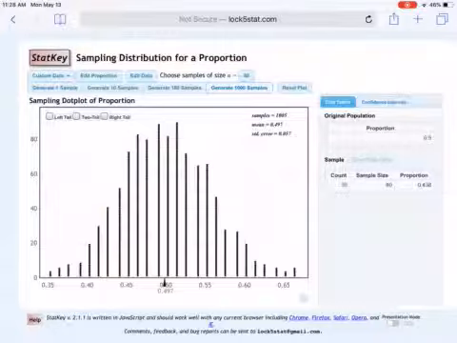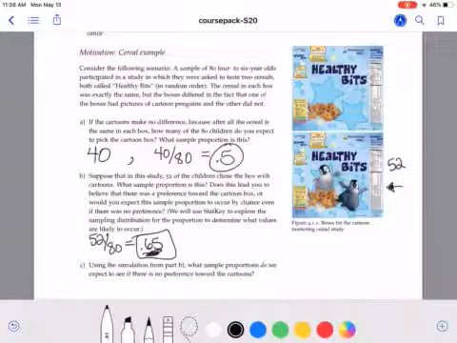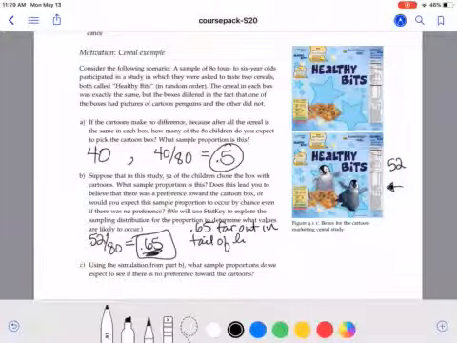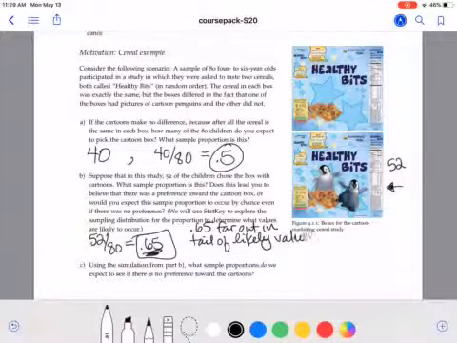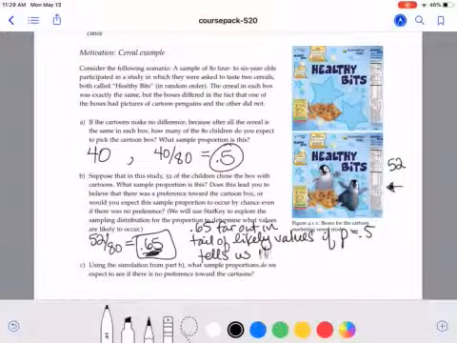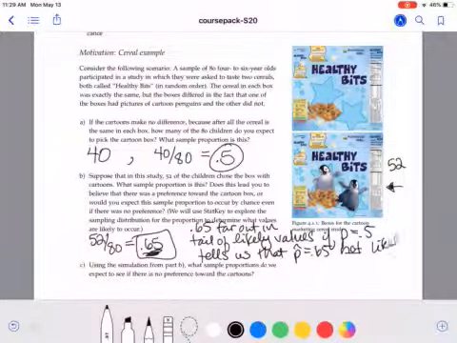If we go back to the question posed in the notes, it asked us: does this lead you to believe there's a preference, or would you expect this sample proportion to occur by chance? What we're seeing is that we don't get that occurring by chance. So 0.65 being far out in the tail of likely values if the proportion is really 0.5 tells us that p-hat of 0.65 is not likely if p is equal to 0.5.